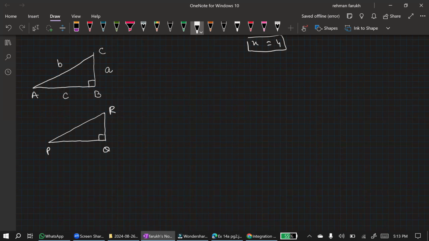Small q. Yes. The side PQ is small r, and the side opposite to the side QR is small p. Yes.